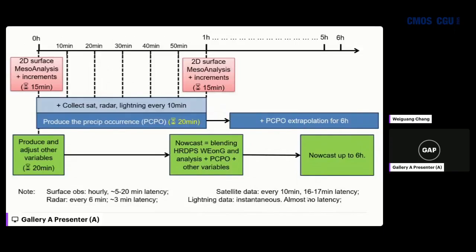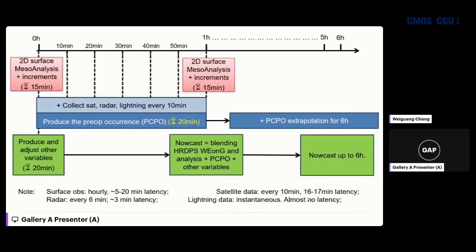So after we produce this PCPO analysis, we produce the extrapolation of the PCPO for the next 6 hours. We can see that the PCPO is produced every 10 minutes and has a delay of 20 minutes. So our main client is the high impact weather. It's going to be useful for them to make decisions based on the product.